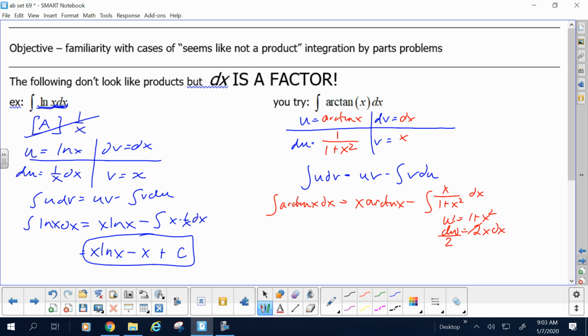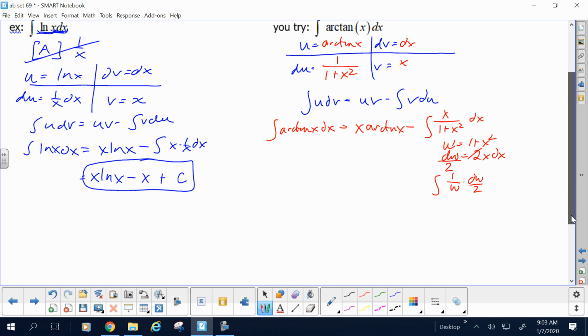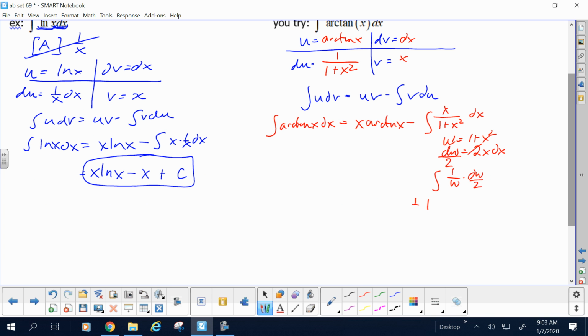Are you with me? So it becomes something like 1 over W times dW over 2, yay? Natural log, or 1/2 natural log of W, absolute value, 1/2 natural log of 1 plus x squared, yay?